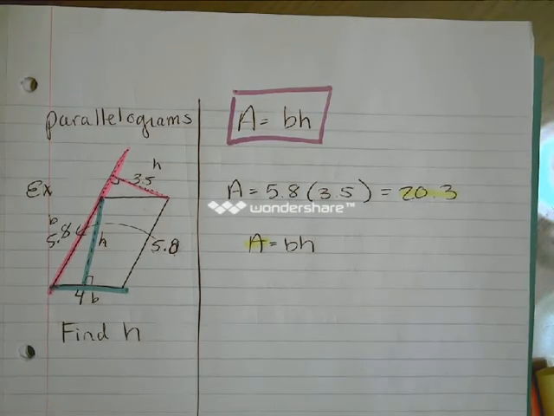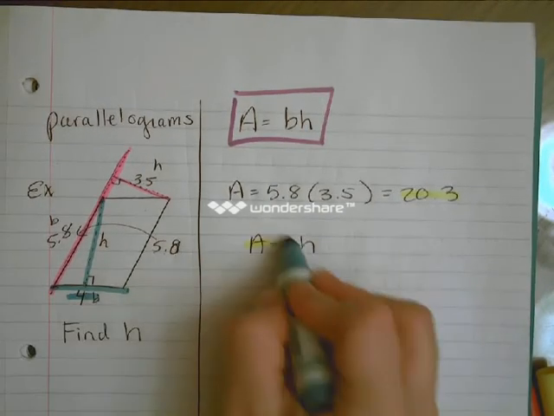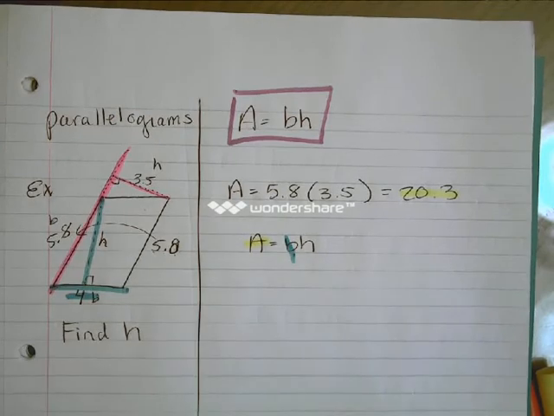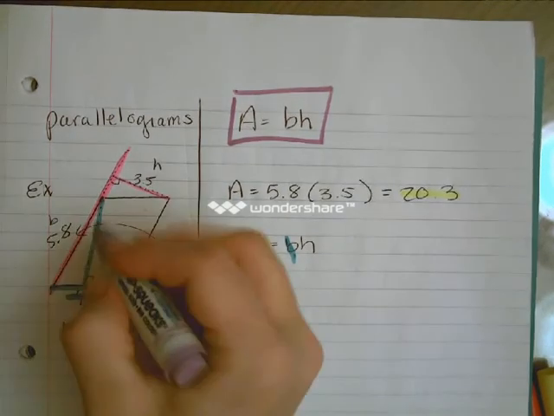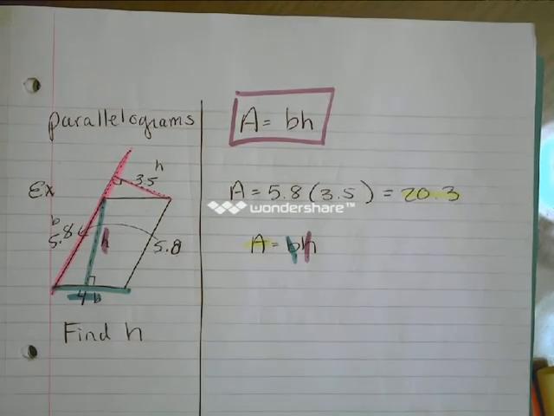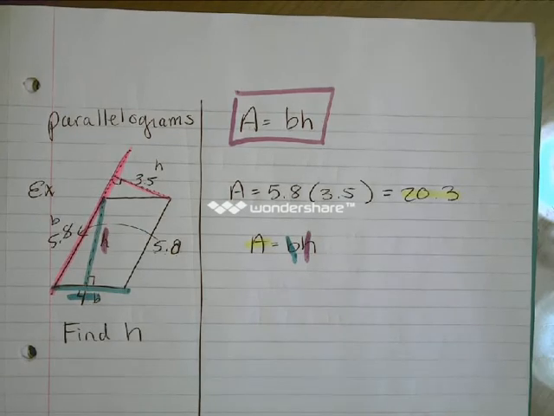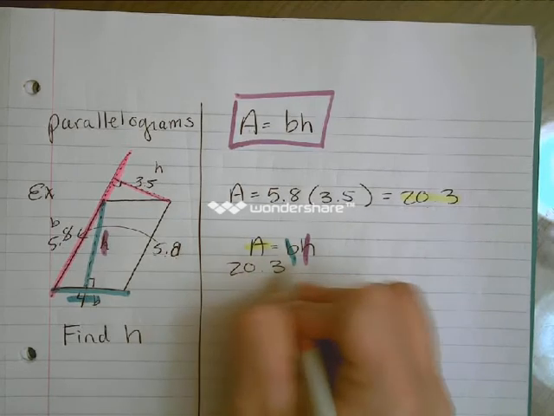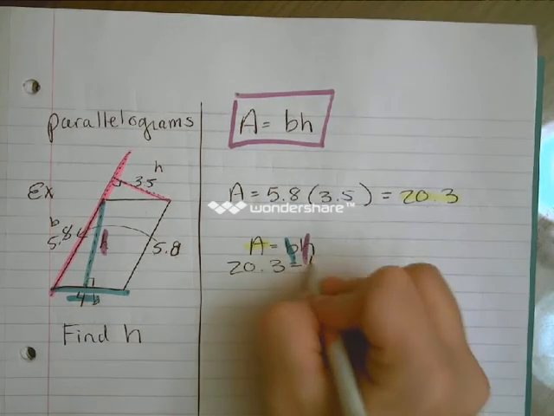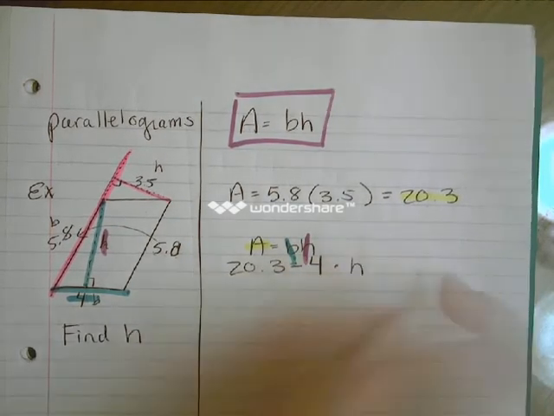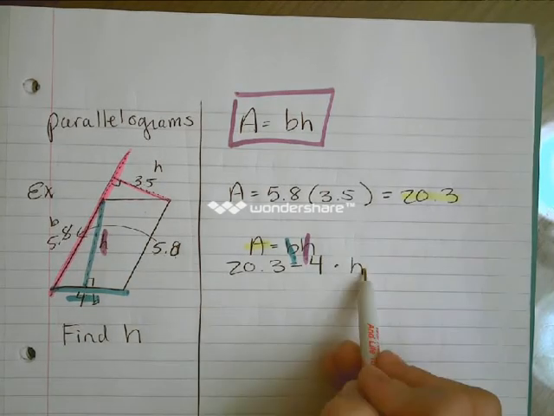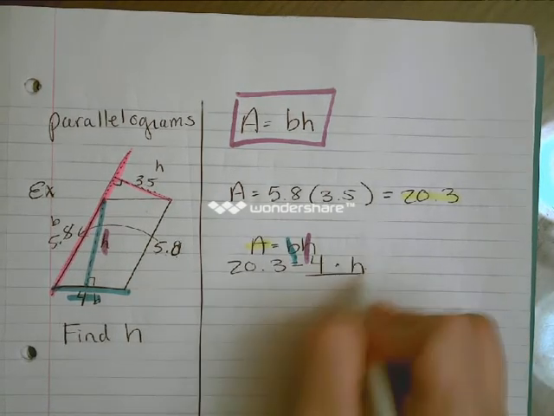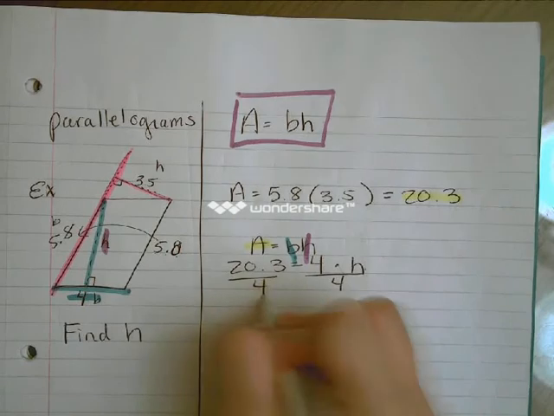So, plug in. Area is 20.3. The base is 4. And we're trying to find height. Anytime you plug into a formula, if you only have one variable, you can always solve for that variable. So notice you can use this formula even if they're not asking for area. Anytime you have a problem where you have base and height and area going on, you can always try to find it.